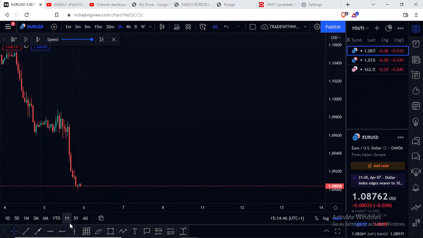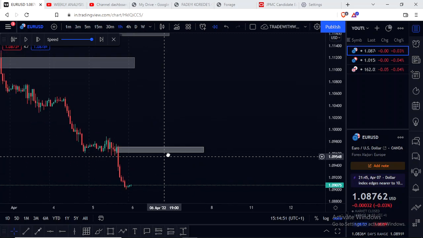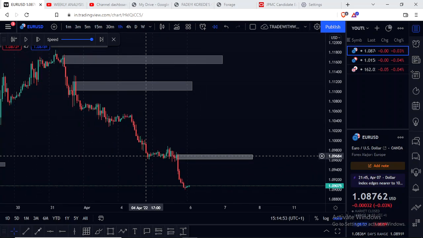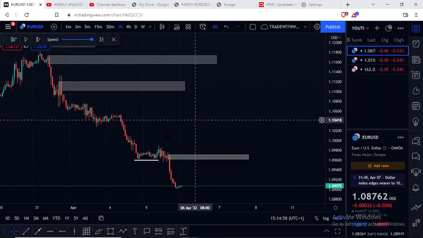For me, I'll be looking for selling opportunities here because of that imbalance and supply zone here. All this is a break of structure too. So I'm expecting a tap into this zone and then we sell.